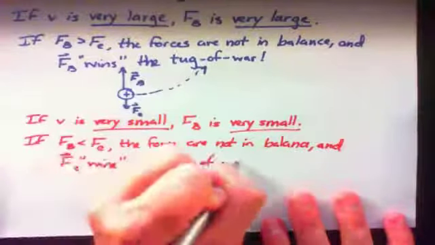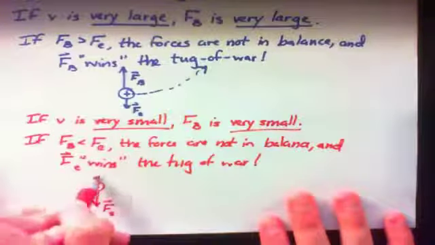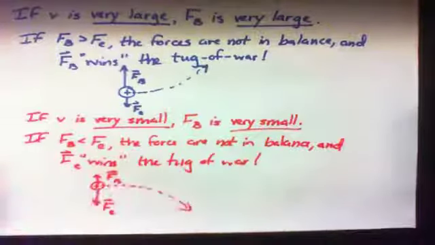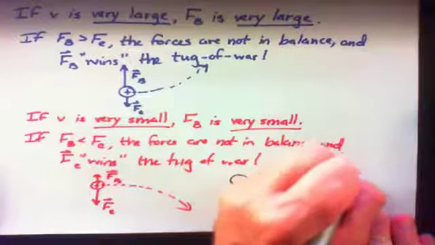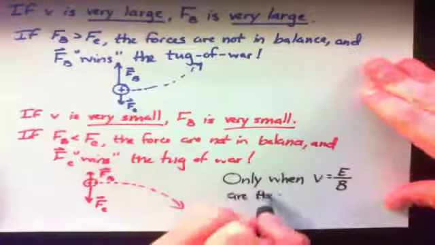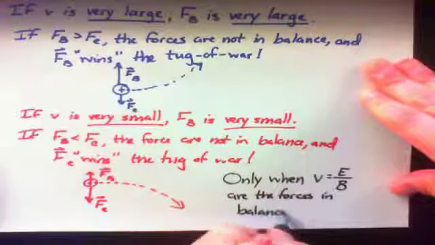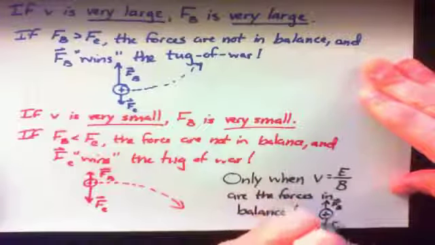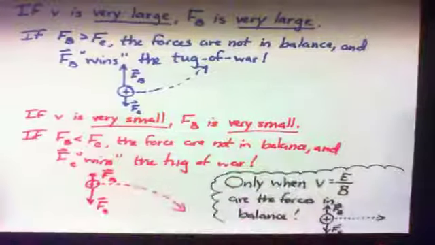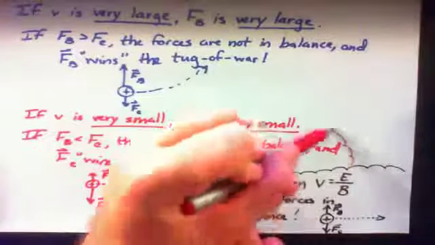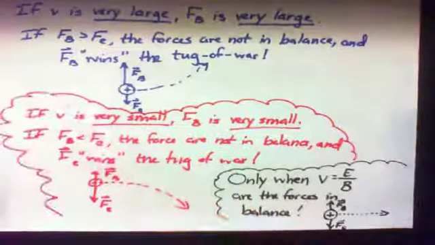Only when the velocity is equal to E over B are the two forces in balance. And only when the two forces are in balance does this charged particle move in a straight line through the velocity selector. That's why it's called a velocity selector. That's what it does: it picks out only the charged particles that would move in a straight line.